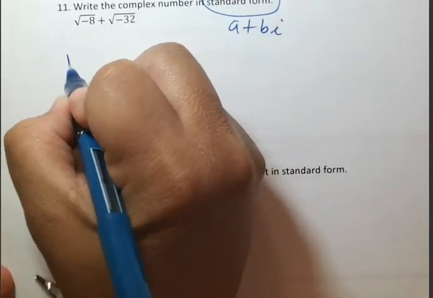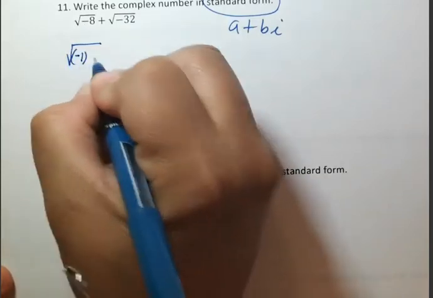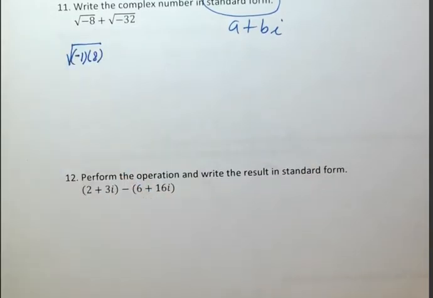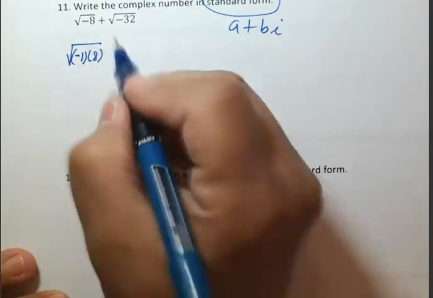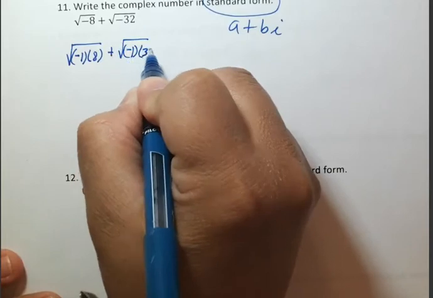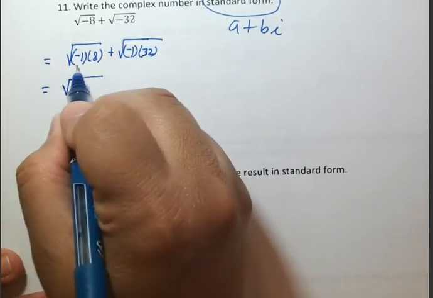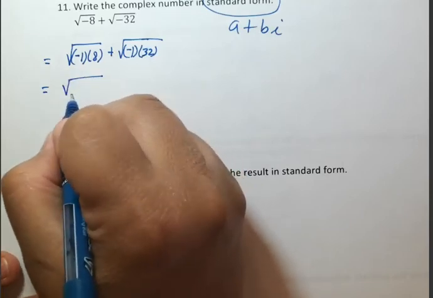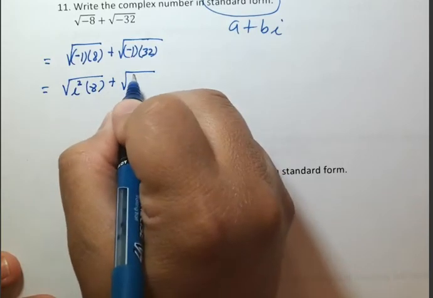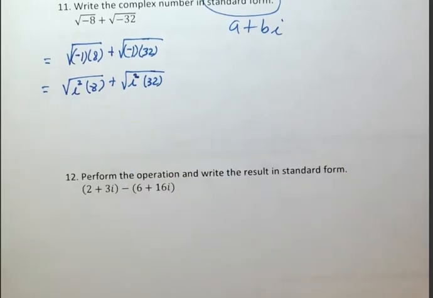So the first thing I would look at here is that this negative, I can write it as negative 1 times 8. That would still give me a negative 8, right? And the same with the 32. The reason I want to do this is because negative 1, I know, is equal to i squared, by definition. Okay.